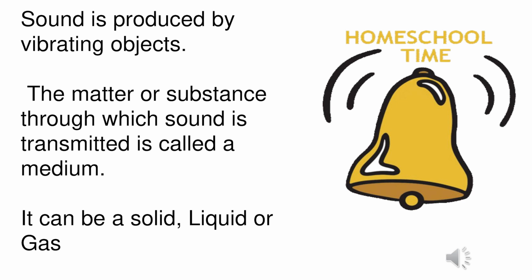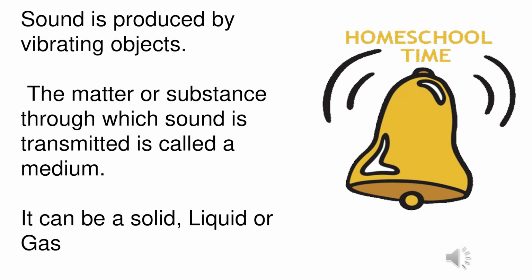Sound is produced by vibrating objects. Already we concluded that. The matter or substance through which the sound is transmitted is called a medium. It may be solid, liquid or gas.